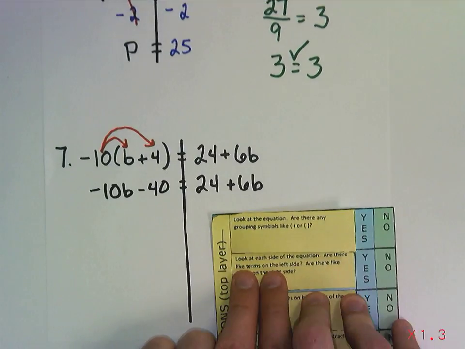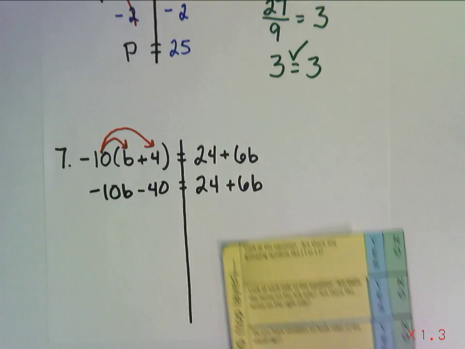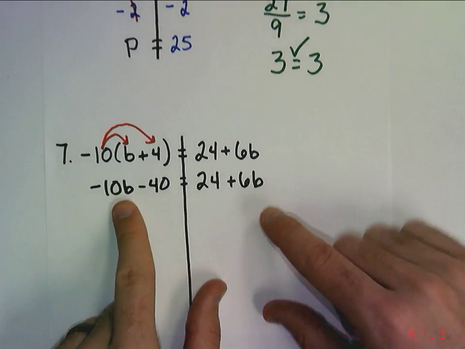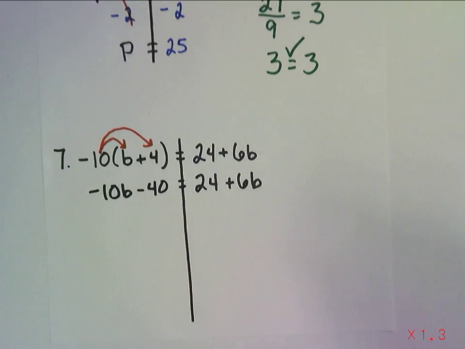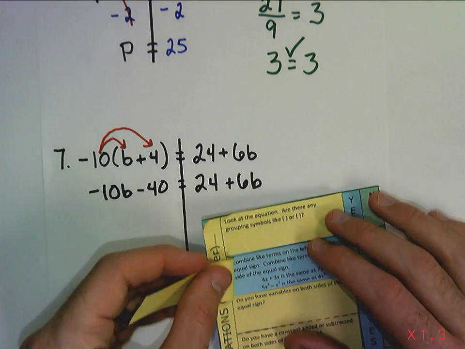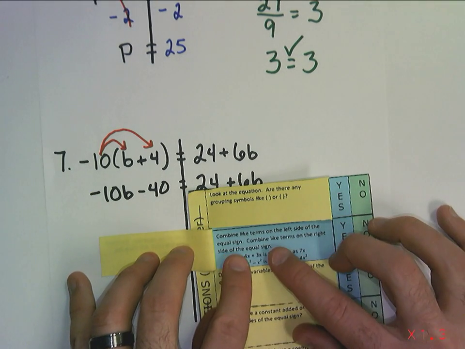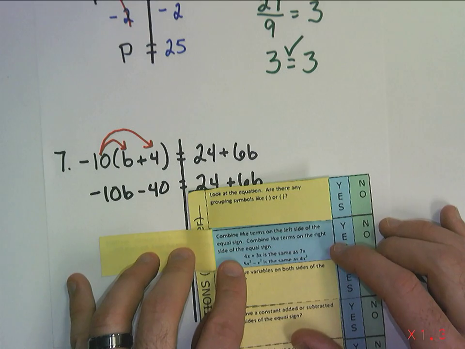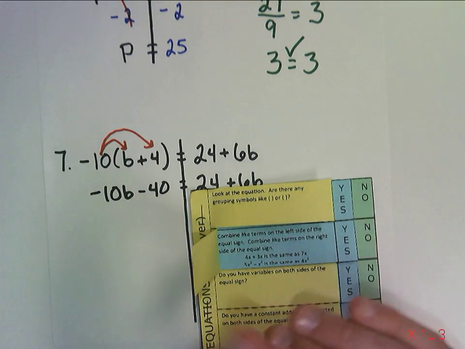Now it says, look at each side of the equation. Are there like terms on the left side? Are there like terms on the right side? Well, from looking at this, I can see I have a negative 10b here and a 6b here. So what does it tell me to do? I answered yes. It says combine like terms on the left side of the equal sign. Combine like terms on the right side of the... Okay, so we can't do this quite yet.